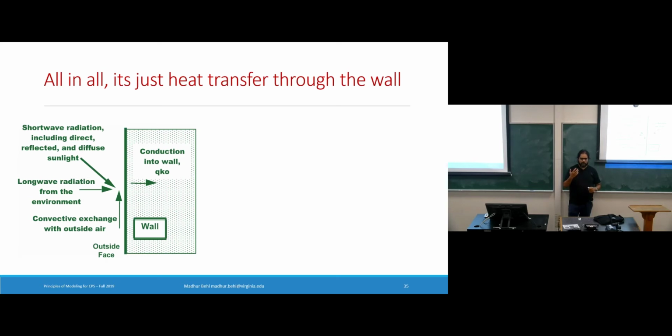Short wave can be thought of as ultraviolet direct radiation onto the surface, and long wave is when sunlight gets reflected from everything else and from the ground and then comes to the surface as well. So essentially the wavelength has increased, it becomes infrared. And other outside buildings and trees and vehicles and all the environment outside is also emitting this radiation, which is also getting absorbed by the wall, right?